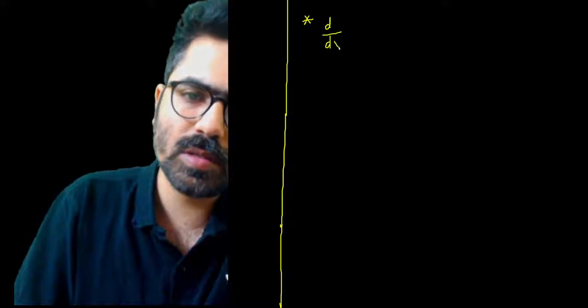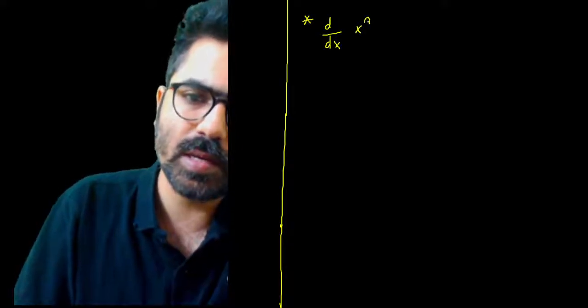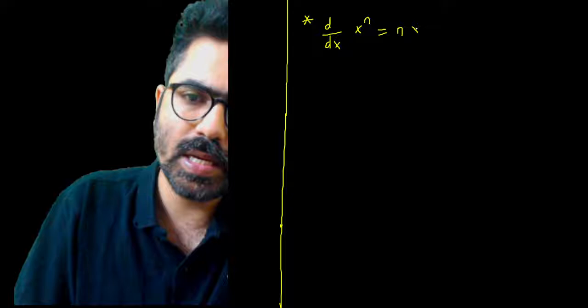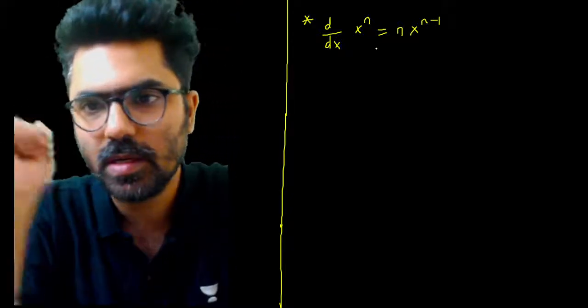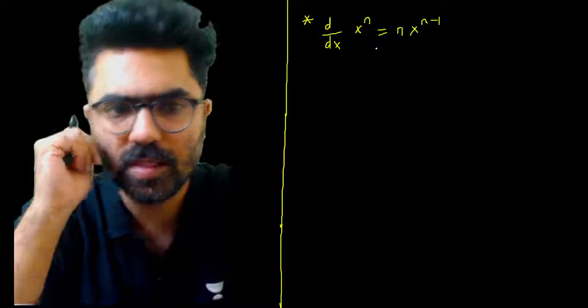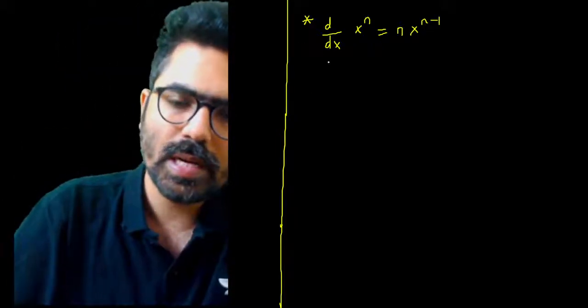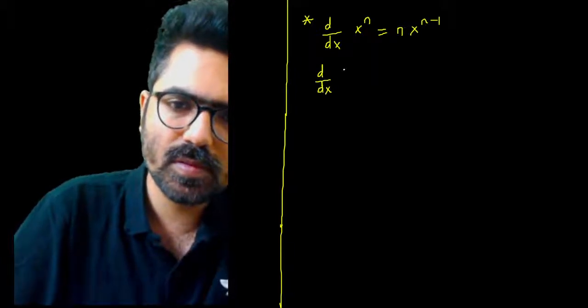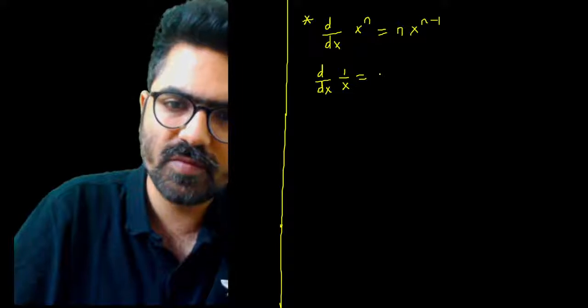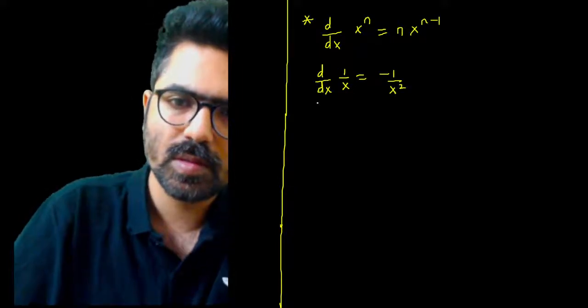If you see, the derivative of x power n is n into x power n minus 1, right? And the derivative of 1 by x, based on the same formula, is minus 1 by x square.